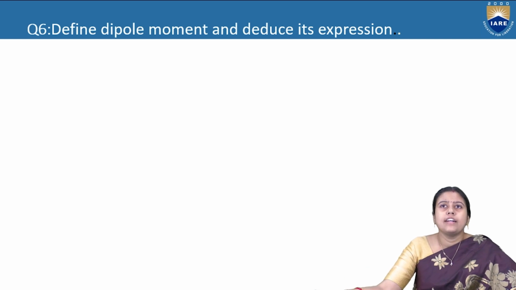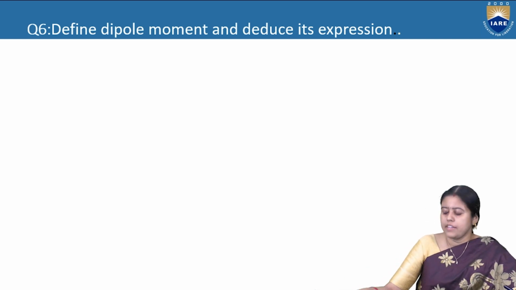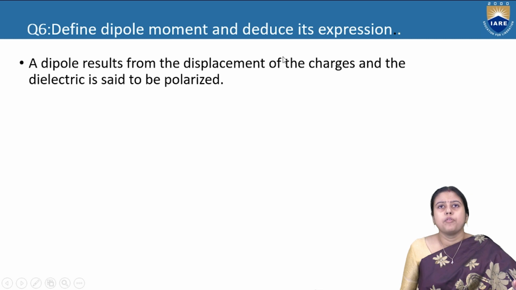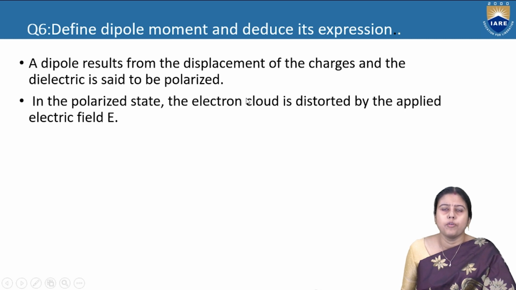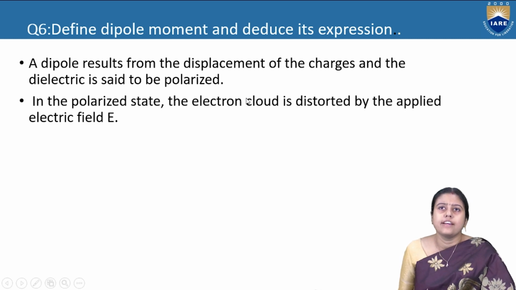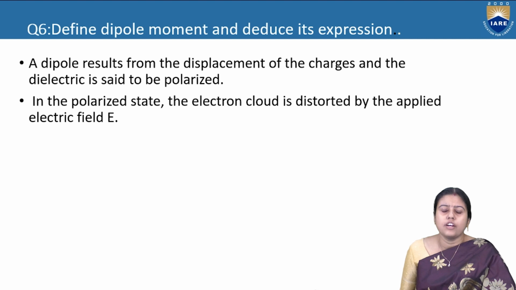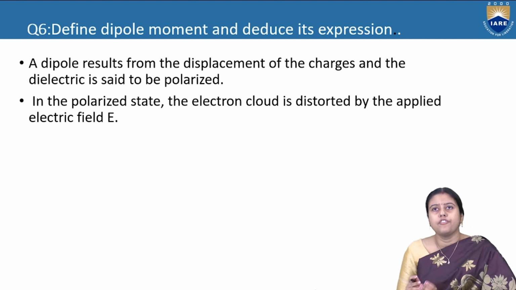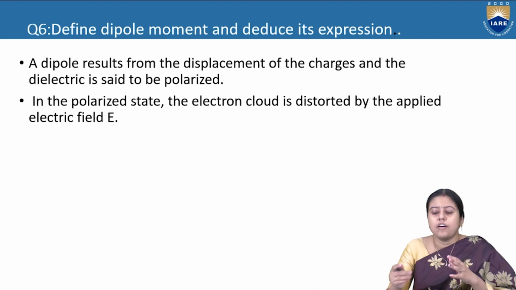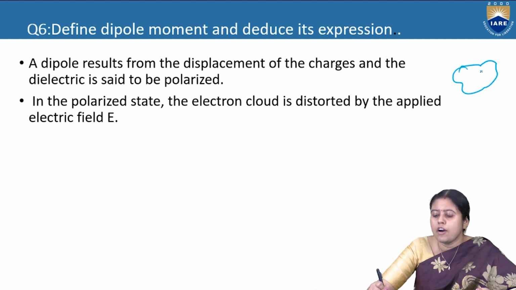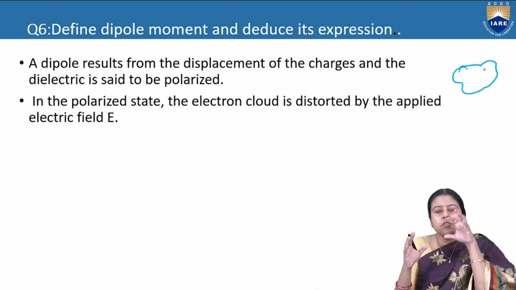Next, define the dipole moment and derive its expression. What is dipole moment? A dielectric is said to be polarized when a dipole results from the displacement of the charge. In a polarized state, the electron cloud is distorted by applying the electric field. An electron cloud means a lot of electrons in one point.